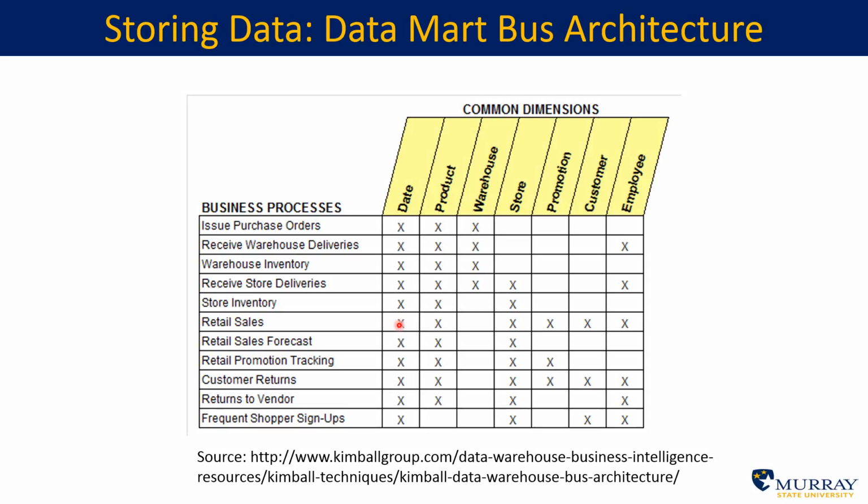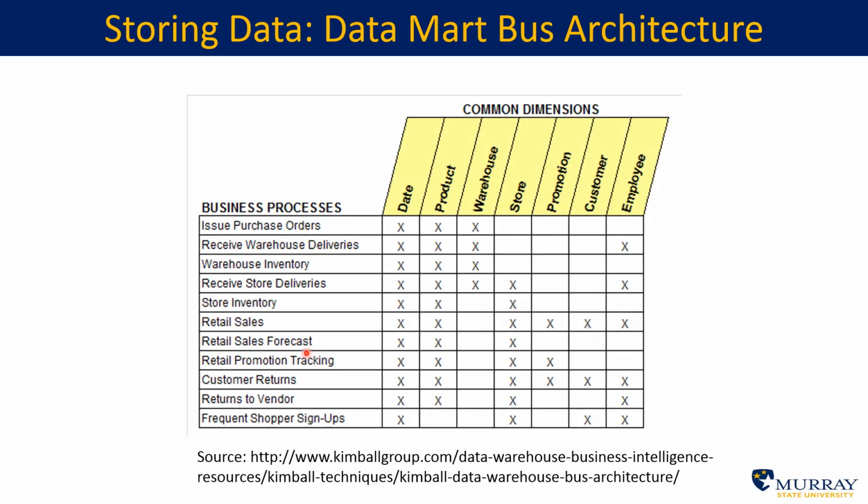You need to store information about date, when a particular sale was made, also about the product for which the sale is made, also, let's say, the specific store where the product is sold, the specific promotion that was used to generate that sale, also information about the customer who bought that product, and also information about the employee who made that particular sale. Okay, so all those dimensions are used for this specific process.